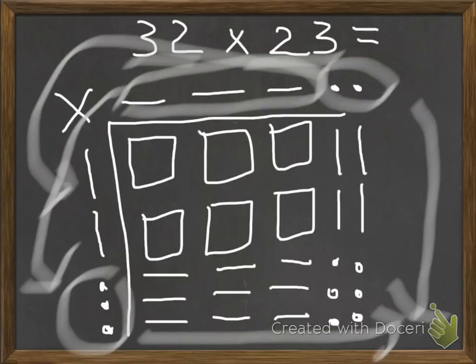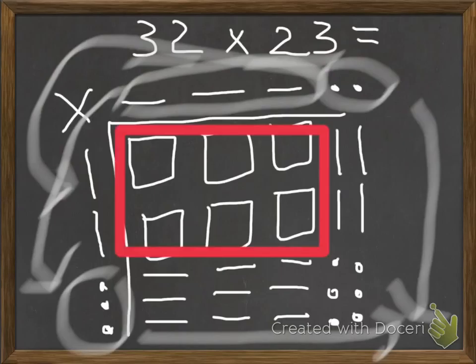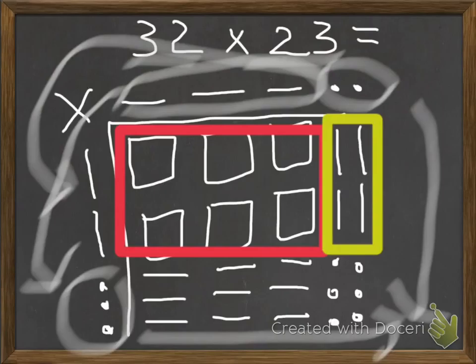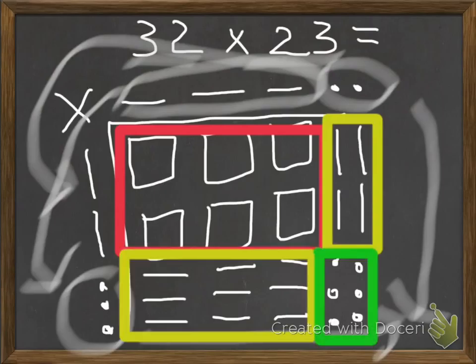The next thing I do here is I mark out my hundreds, and I mark my tens and my ones so that I have a clear picture of what I've got here. Then I count them, and I'll add these up. So 100, 100, 100, 100, 100, 100 is 600.